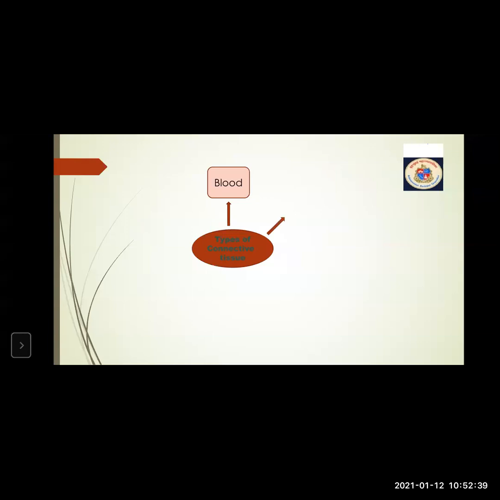Example is blood. Next is lymph. Lymph is also actually a blood, but it does not contain blood cells like RBC, WBCs. These cells are not present. But it is also a fluid connective tissue.